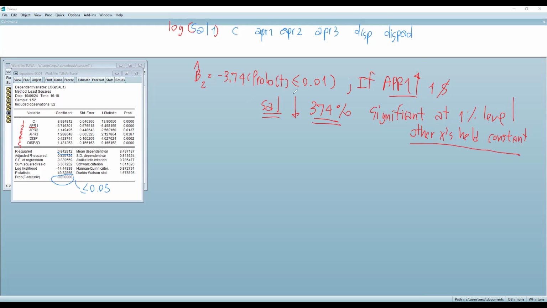Okay, so does this make sense or not? It makes sense because it's the law of demand. The higher your price, the more your sales will decrease. How about beta 3?